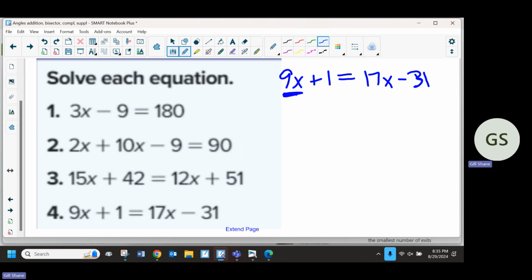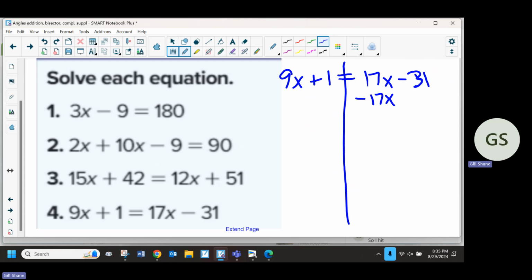So that's 9x's, that's 17x's. Getting rid of the one with the smallest number of x's will mean you don't necessarily have to deal with a negative sign sometimes. But if you just want to always get rid of the ones on the right, just as a process, that's fine. You have calculators, dealing with negatives shouldn't be a big deal.